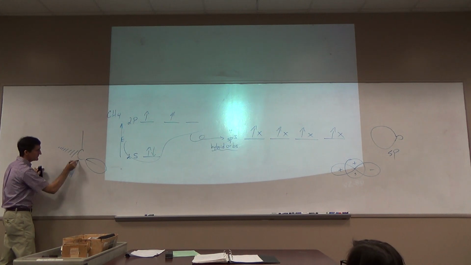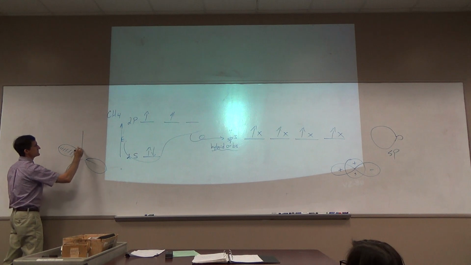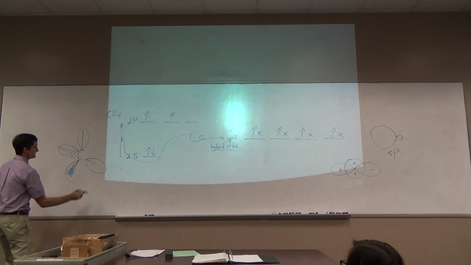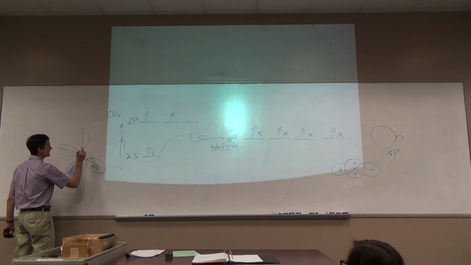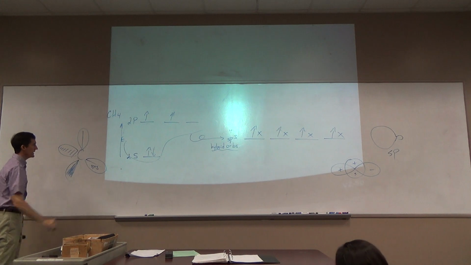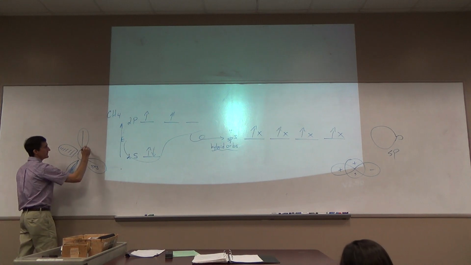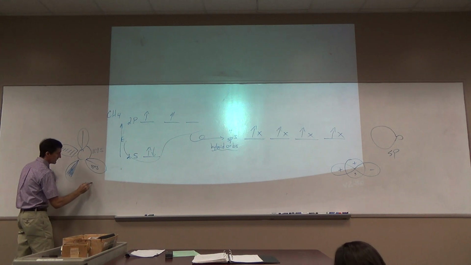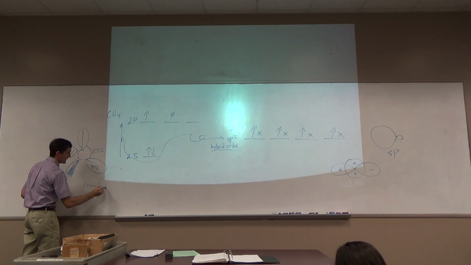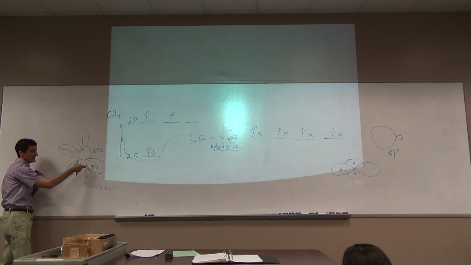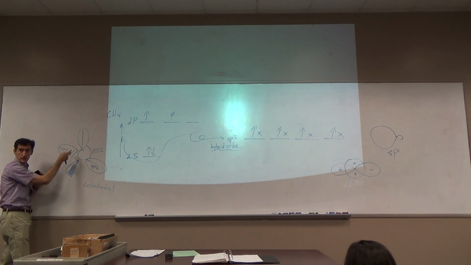So each one of these are orbitals, right? And that's an sp3 orbital, sp3, sp3, sp3. 4 of them all around in a tetrahedral manner. This is 109.5 between any of the 2 bonds. I'm not going to label all of them.